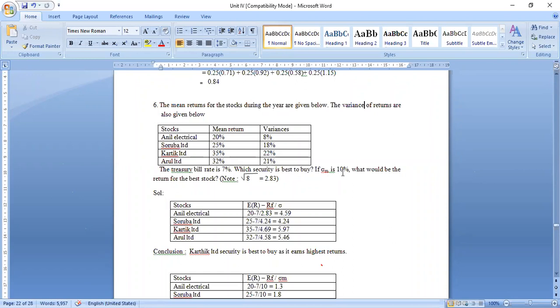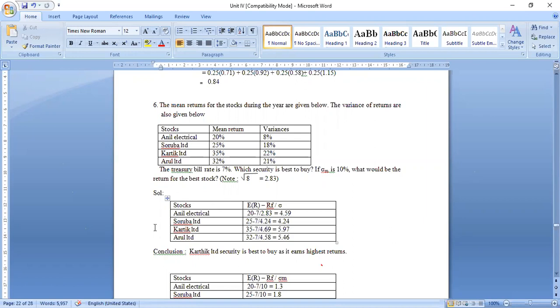And the second question is, if the standard deviation of the market index is 10%, what would be the return for the best stock? In this case, we are supposed to calculate for two different questions. One is asking which security is best to buy, and the second is asking about the return for the best stock. So we have two different calculations to make.